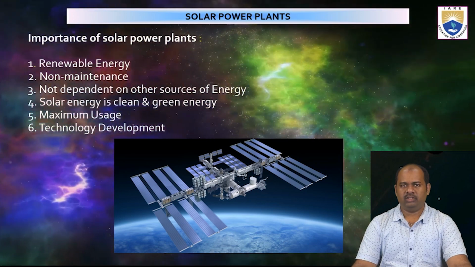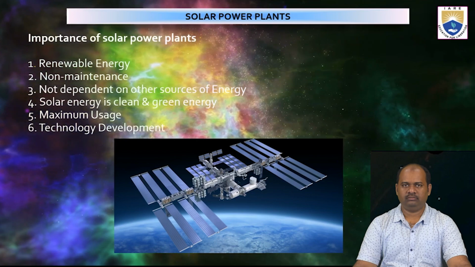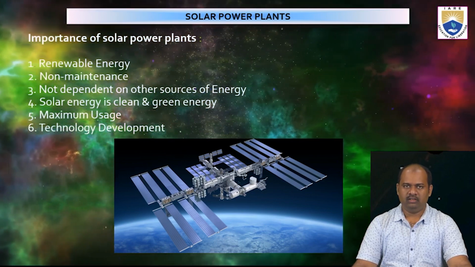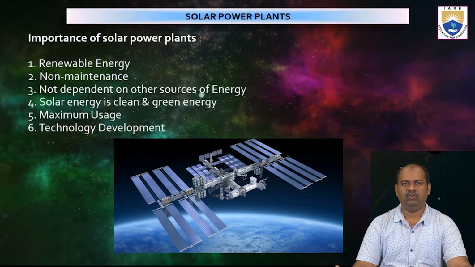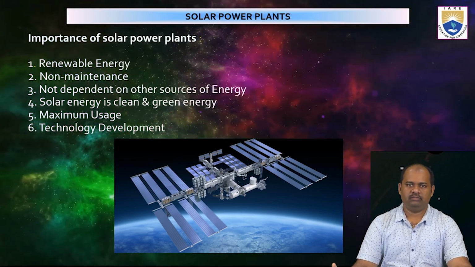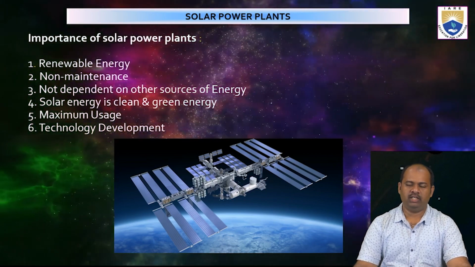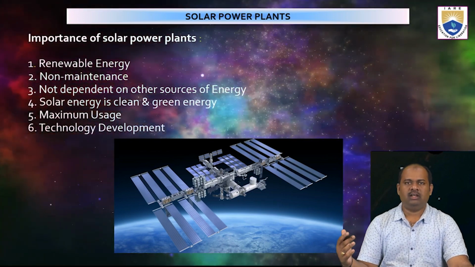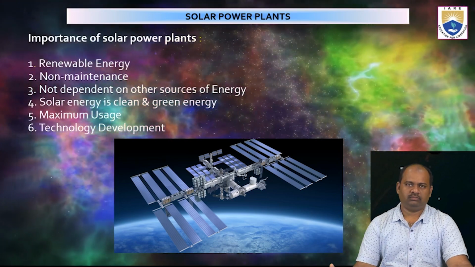The conditions outside the Earth's atmosphere are very different. In outer space, the ultraviolet radiation is very high. The heat or the incoming solar radiation is very high when compared to the surface of the Earth, because on Earth we have the ozone layer which filters most of the ultraviolet and infrared radiation, and converts this ultraviolet radiation into normal visible light.